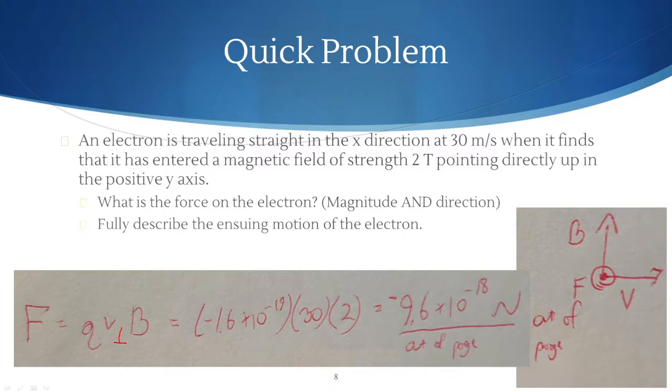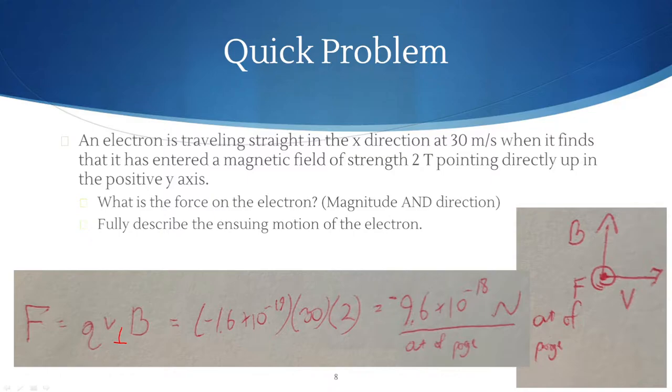I'll turn around now to try to match what your view sees. Current points in the x, magnetic field points in the positive y, therefore the force, my thumb, will point out of the page, sort of towards your face if you're looking at it.